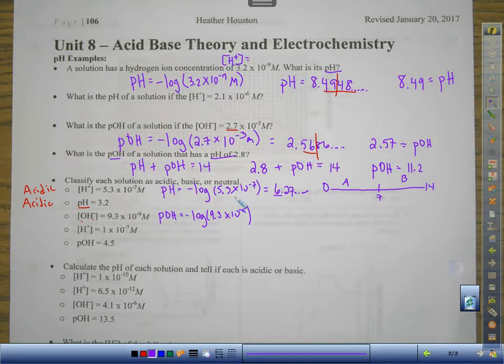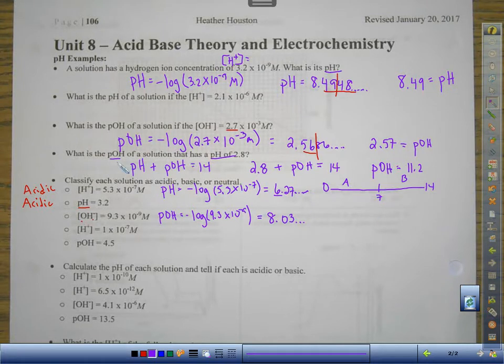Let's see. And we get that this has a pOH of 8.03 and some other numbers. But this is pOH. This is the pH scale. You can do this one of two ways. You can know that it's backwards, that in terms of pOH, an acid would be from 14 to 7 and a base would be from 7 to 0, the complete opposite numbers.